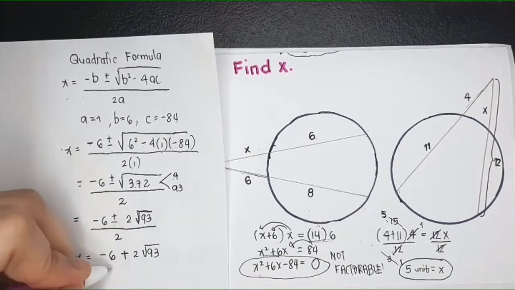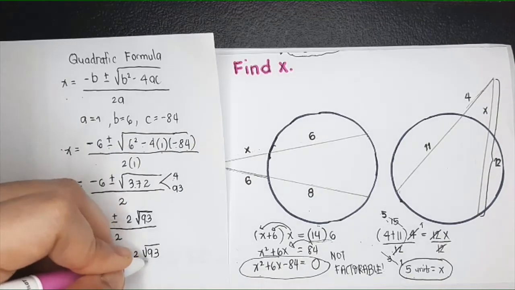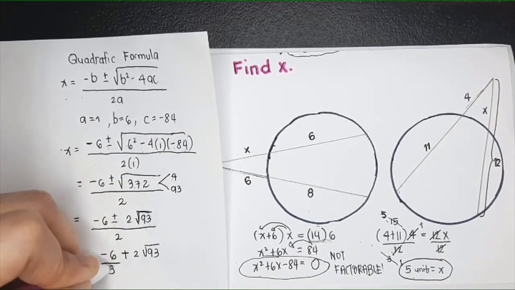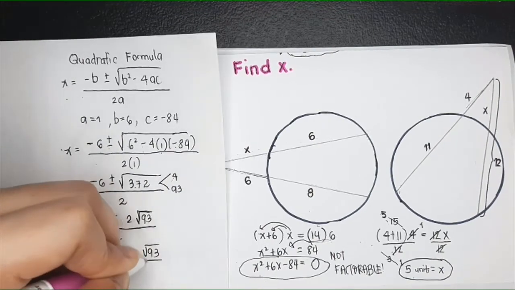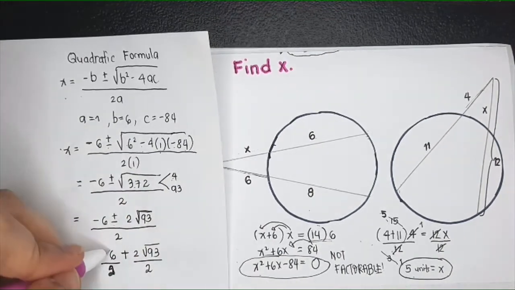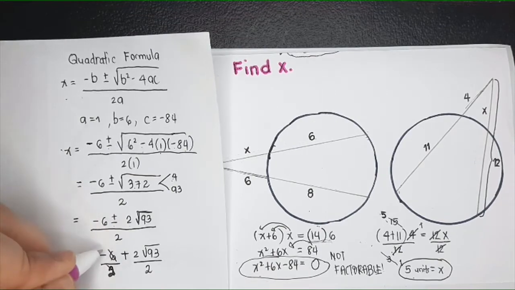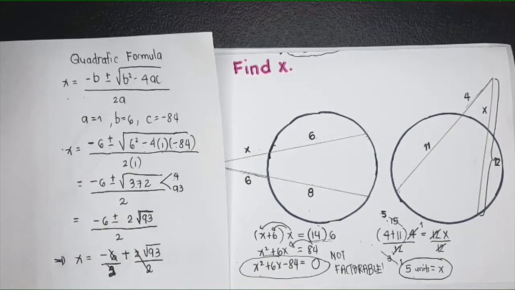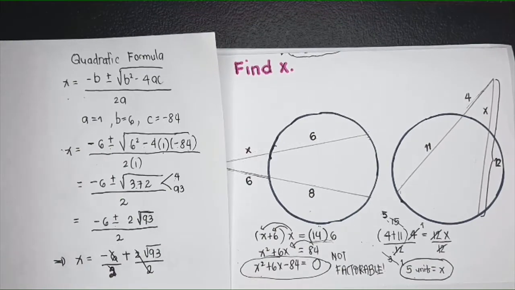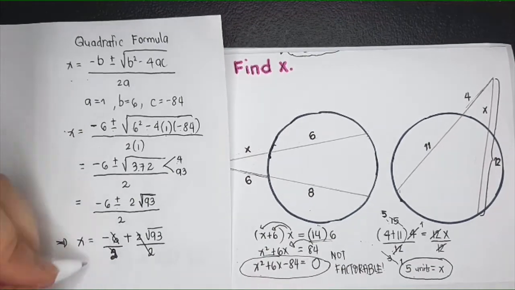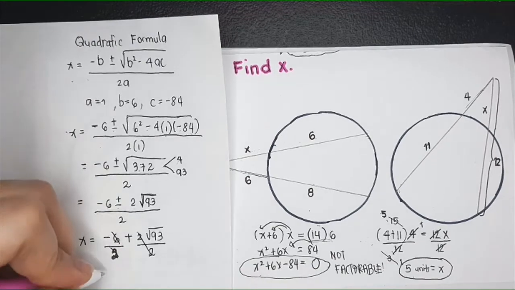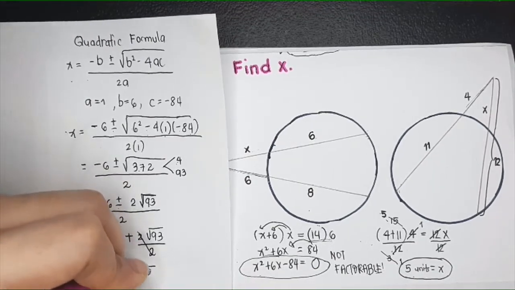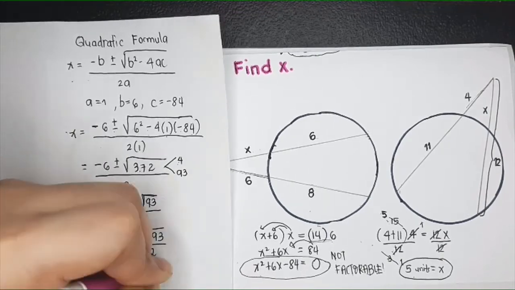So, kung gusto nyo masimplify, pwede nyo naman paghiwalayin. Divided by 2. Divided by 2. Para makita nyo na, magiging negative 3 na lang to. Tapos ito, mawawala yung 2. So, your final answer is this. X is equal to negative 3 plus square root of 93 units.